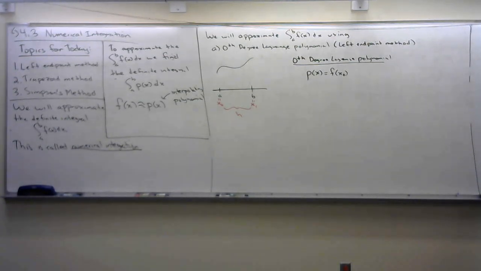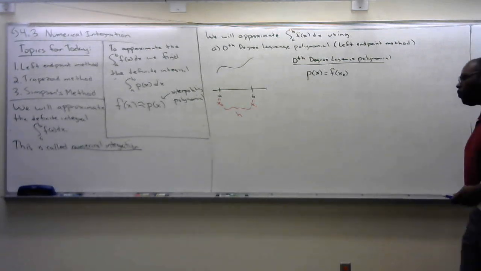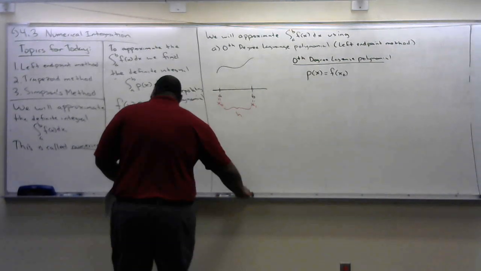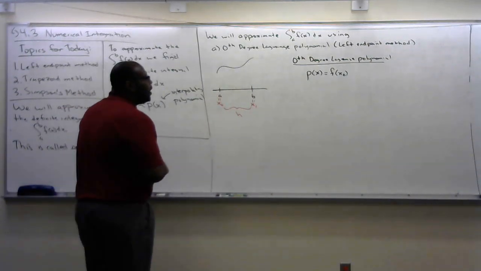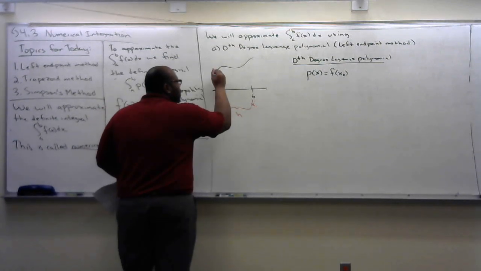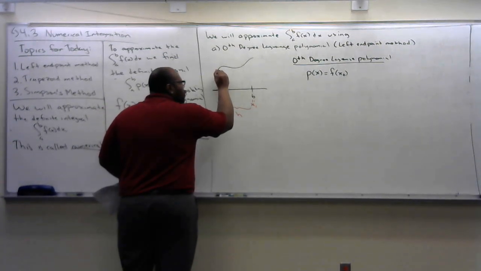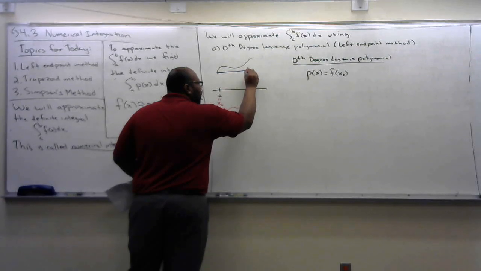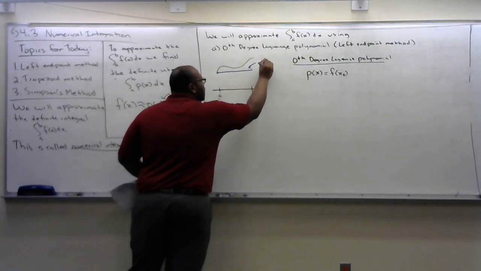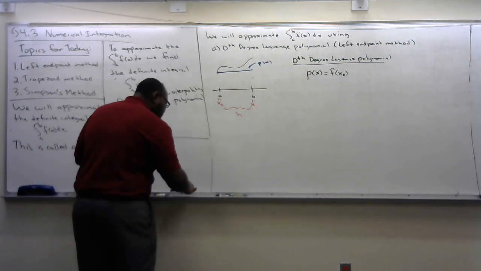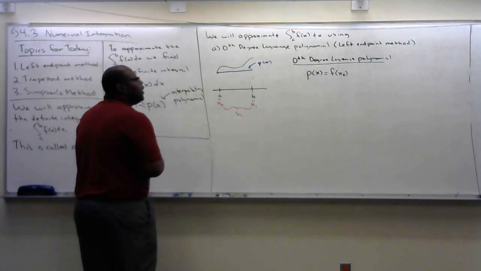That's a 0th degree Lagrange polynomial. So when I draw this, it's just a straight line. This is my 0th degree Lagrange polynomial, p of x, which approximates my function f of x here.